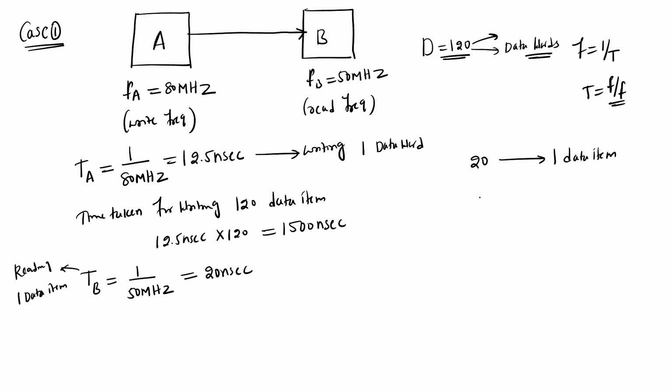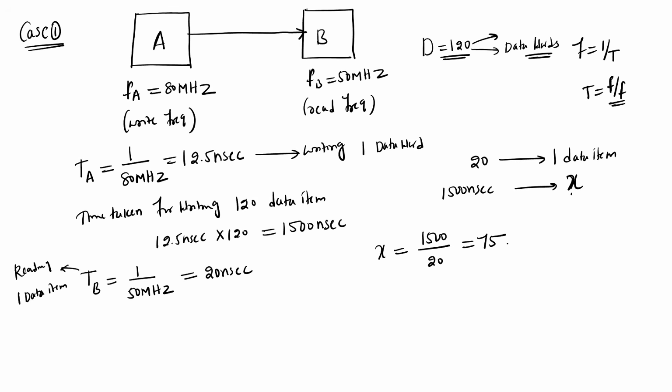Within 1500 nanoseconds, how many data items will it read? Let us take this as X. X equals 1500 divided by 20, which is 75.